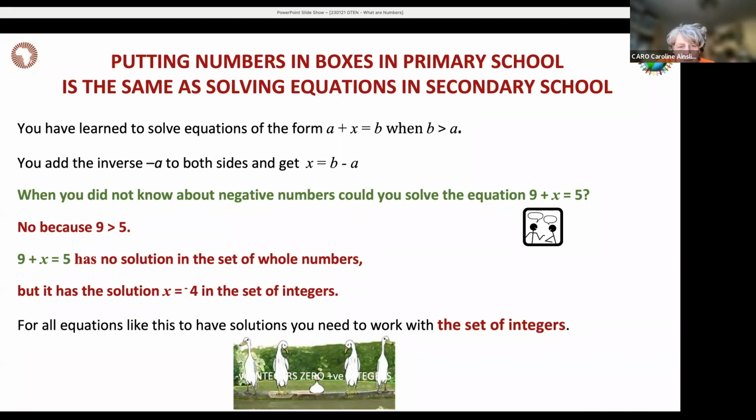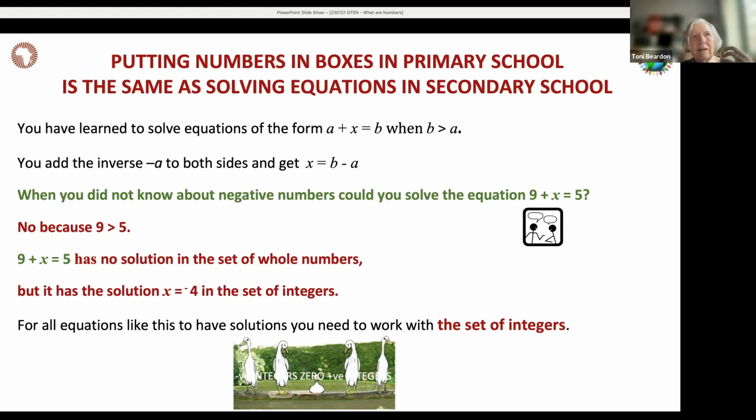Outside of that, we have the set of integers: 0, your natural numbers, and negative numbers, -1 to -infinity. So for all equations like this, you have solutions. To have solutions, you need to work with the complete set of integers.